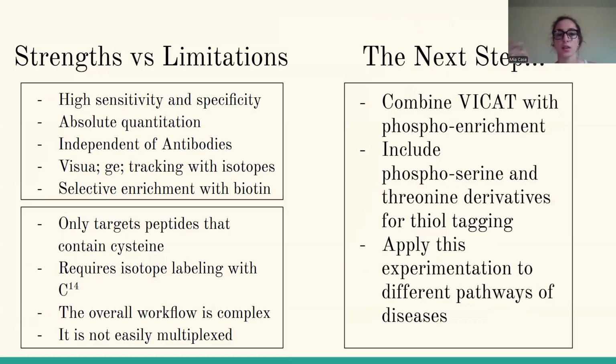And so VICAT has its strengths and limitations. For the strengths, it offers accurate, absolute quantification without relying on antibodies. The use of the isotope coding and an internal standard allows for precise comparisons between different samples. The biotin enrichment and the isoelectric focusing purification increase the specificity. The photocleavage ensures clean peptide recovery without any interference.